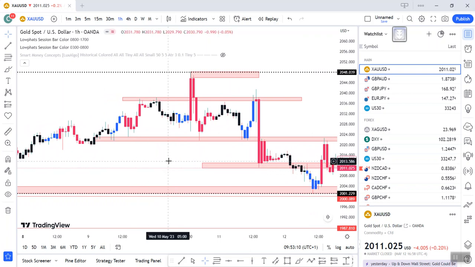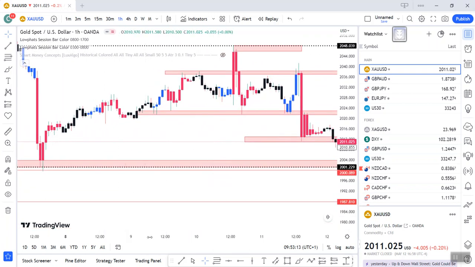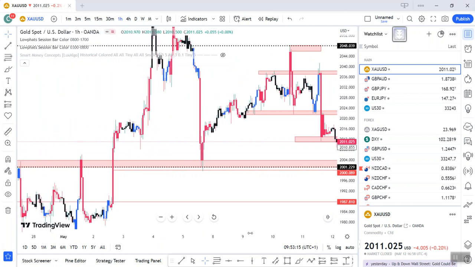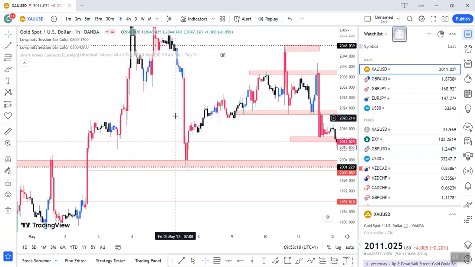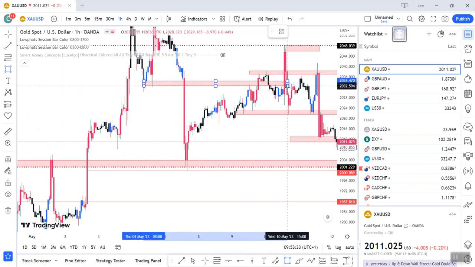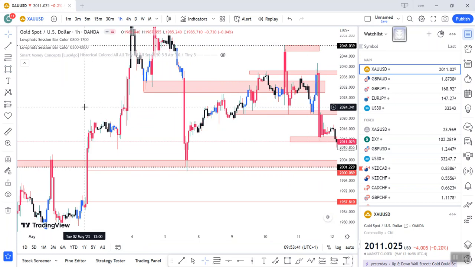Like, if you look at this London zone here, this London low zone here, I'm just trying to draw so that you see how many times London has respected that zone. This is the London low zone.